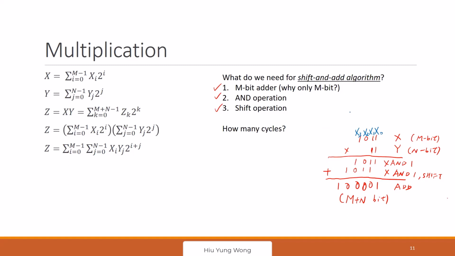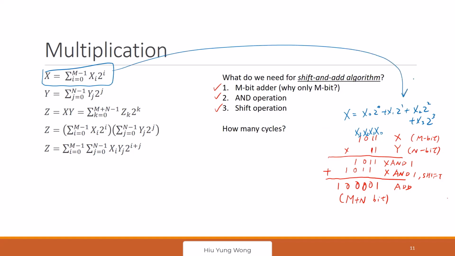Basically, it's saying that X equals X0 times 2 to the power 0 plus X1 times 2 to the power 1, X2 to the power 2, X3 to the power 3. That is what this is talking about. So for any number in binary, I can represent it as this.